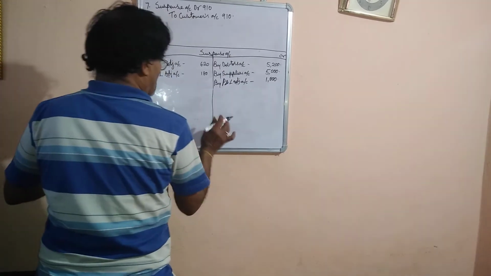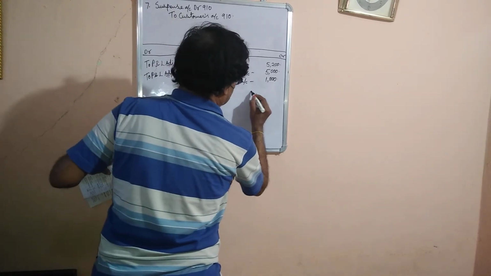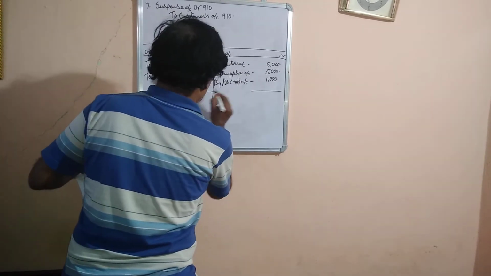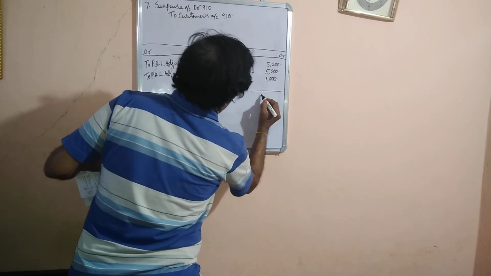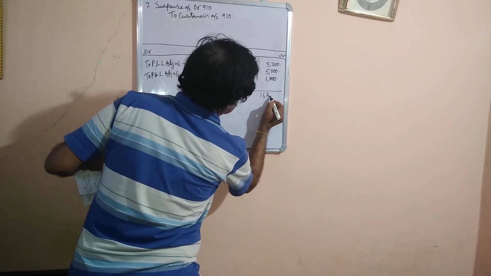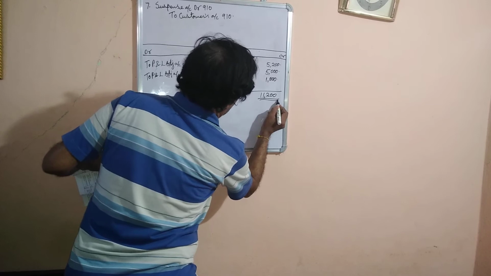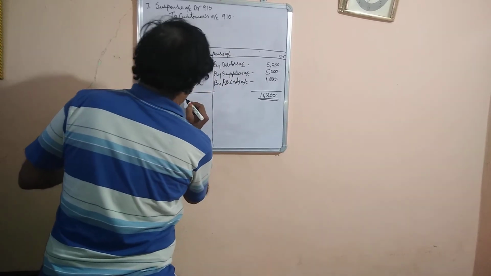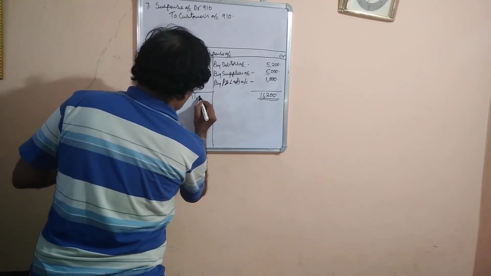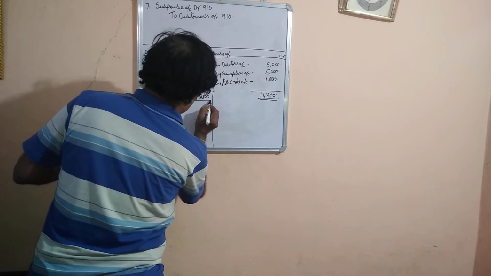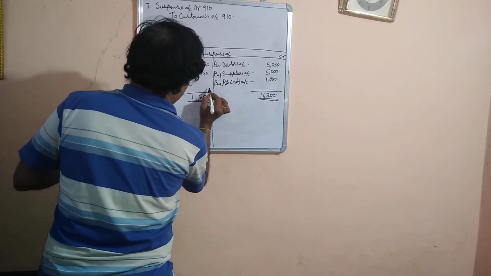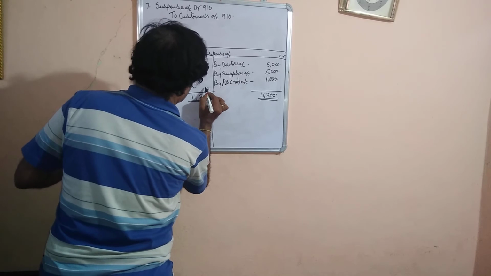Now we have to go for the suspense account and see what the balance is. 11,200. Now here also 11,200. What is the balance? Zero.